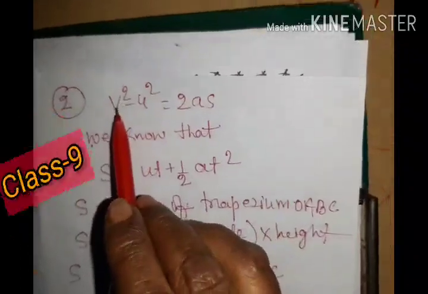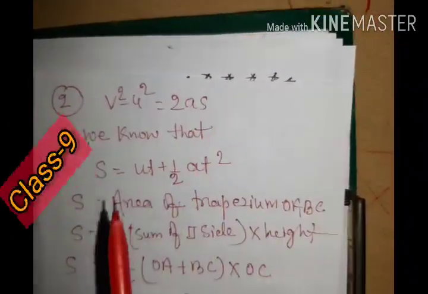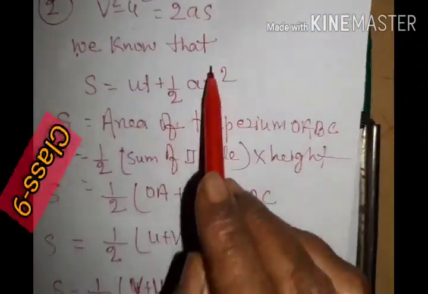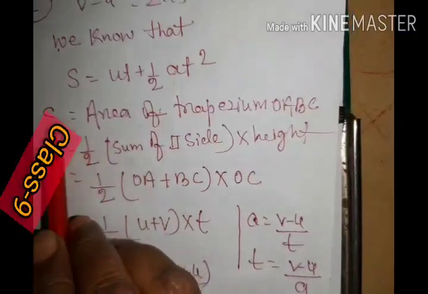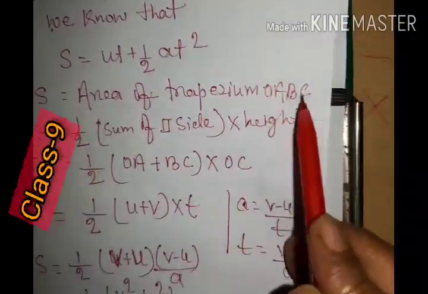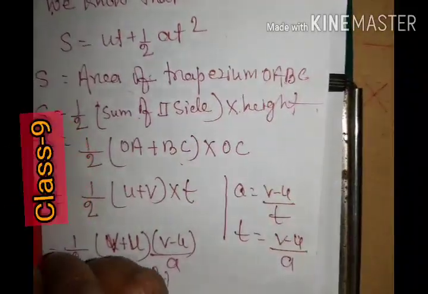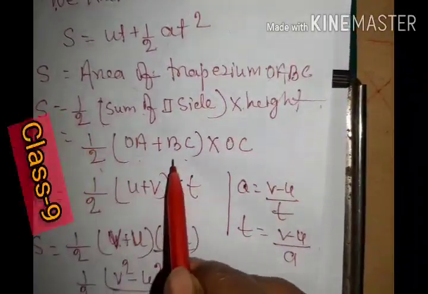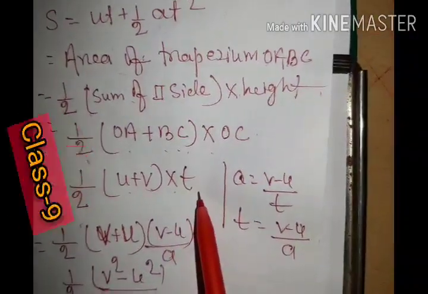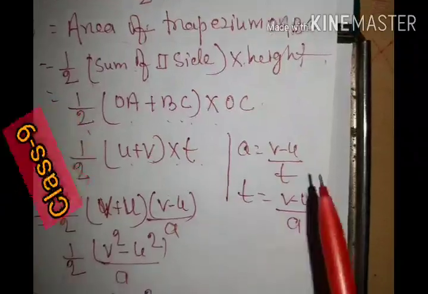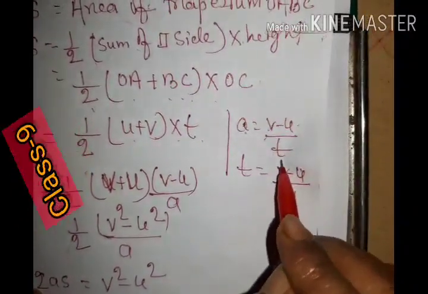Now we prove v square minus u square is equal to 2as. We know that S is equal to the area of the trapezium OABC. S is equal to half sum of the parallel sides into height, so S is equal to half OA plus BC into OC, half u plus v into t. In the same way, acceleration is equal to v minus u by t.